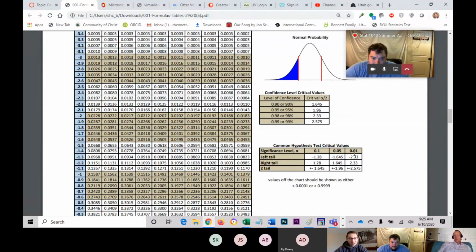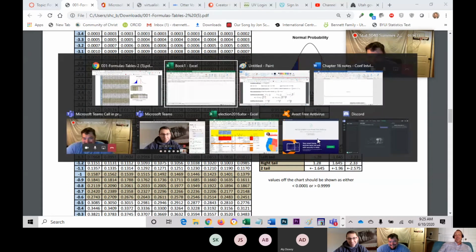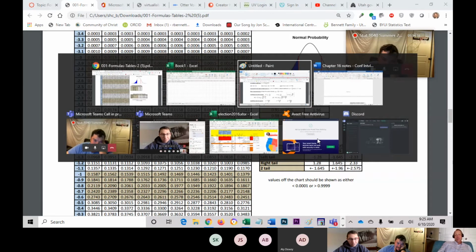Okay, so this one's a little bit harder. So how do you figure it out when it's not on the chart? Go back to the equation. Google. Okay. Can't Google on the test though, or the test will catch you for cheating.